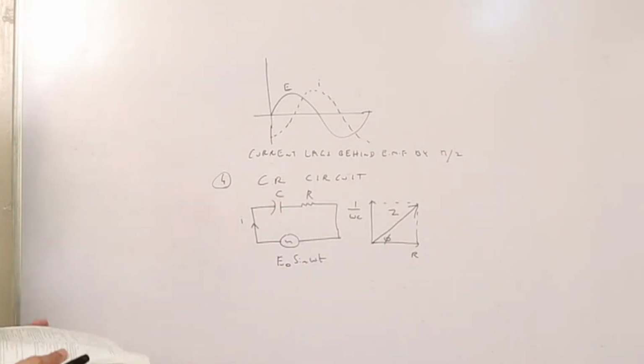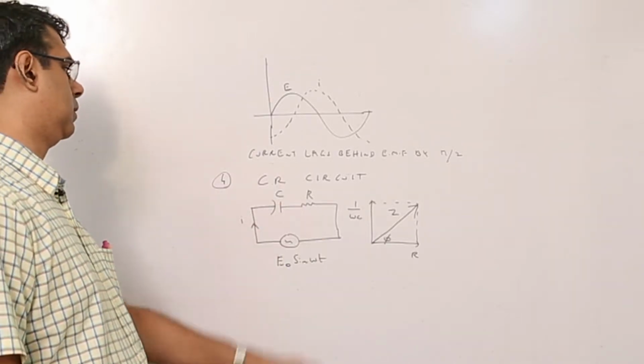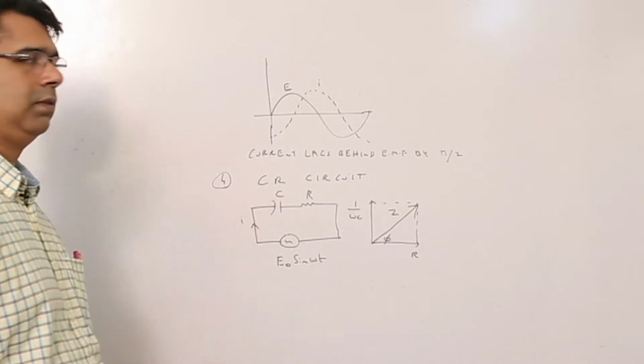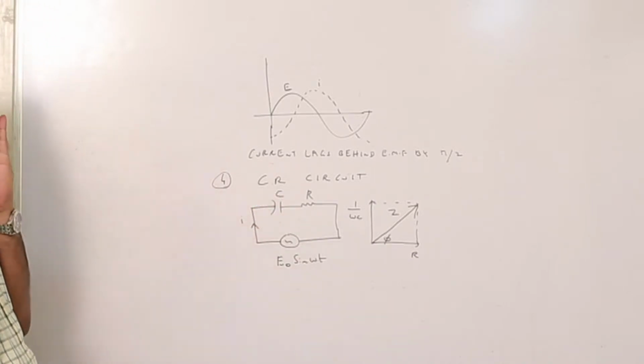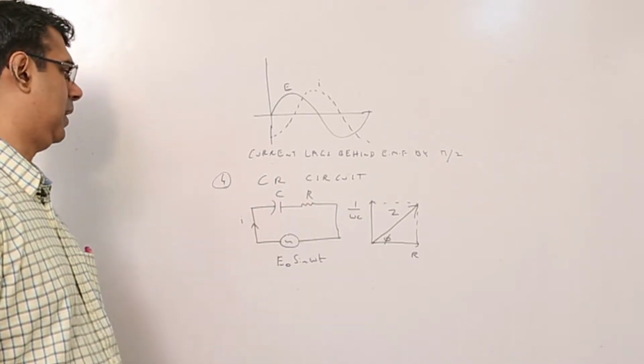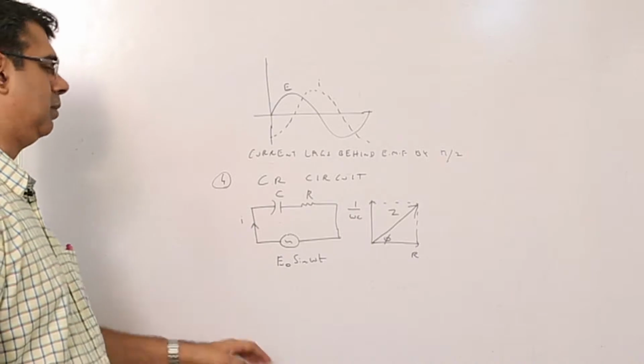Now what happens is that if you try to apply Kirchhoff's law directly for a CR circuit, it will fail, which means that if you try to sum up all the voltage drops arithmetically, the total will not come to zero.